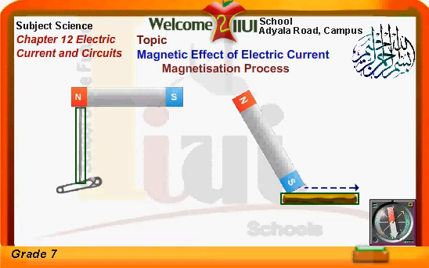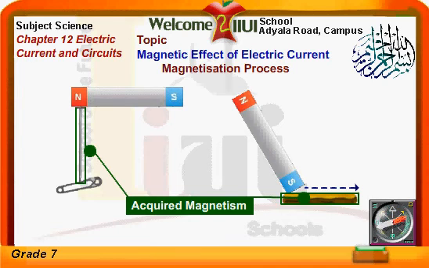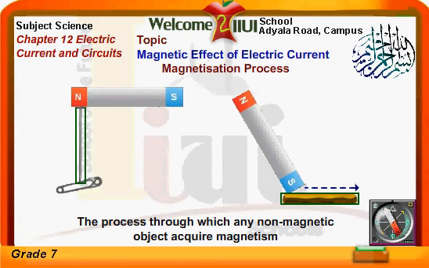Students, look at the examples we saw. What is happening here is that two objects are acquiring magnetism through their processes. So these objects are going magnetic because they acquired magnetism. This process through which any non-magnetic object acquires the property of magnetism is called magnetization.